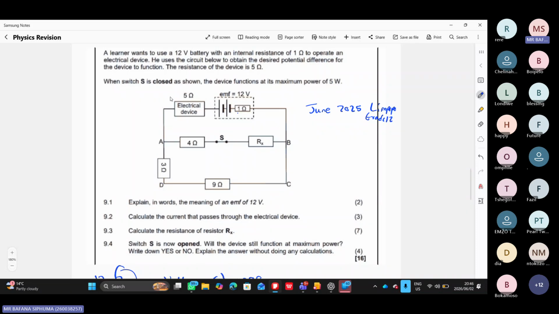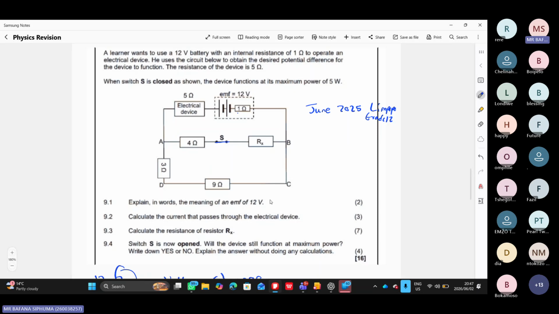They said when switch S is closed, as shown in the diagram, the device functions at its maximum power. The power is at maximum. Now they say explain in words the meaning of an EMF of 12V.